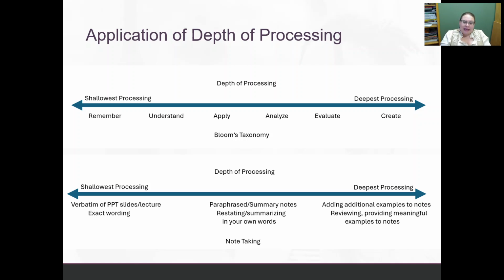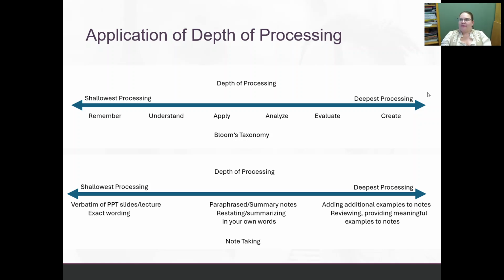This can lead to some superficial learning or very basic information. In terms of Bloom's taxonomy, that's just the recall or remember stage, right? You're not really understanding anything in depth, you're just doing it at a very shallow level.